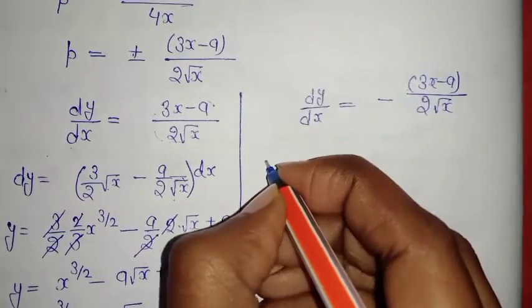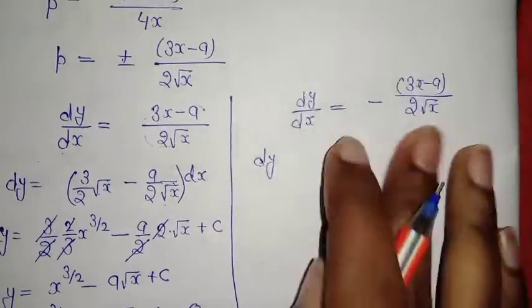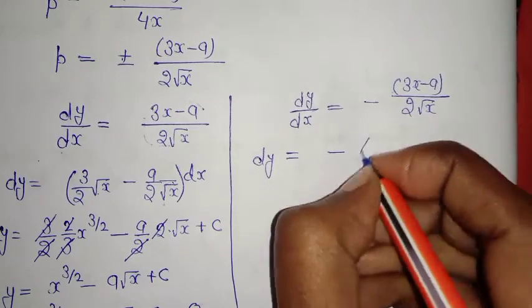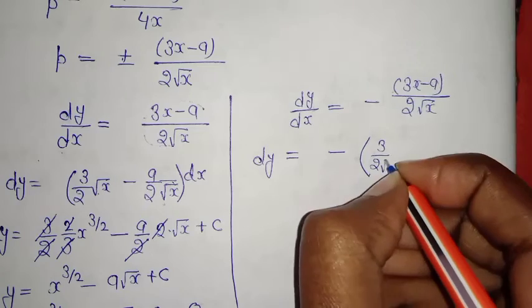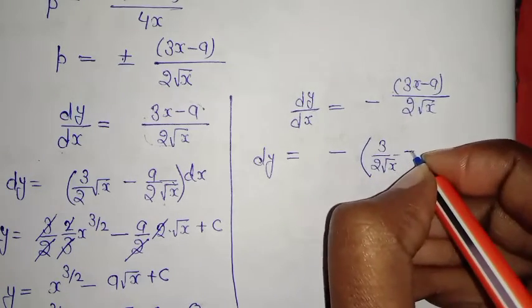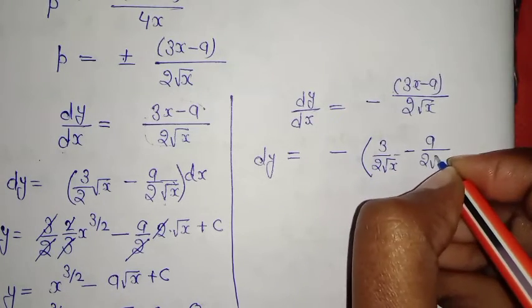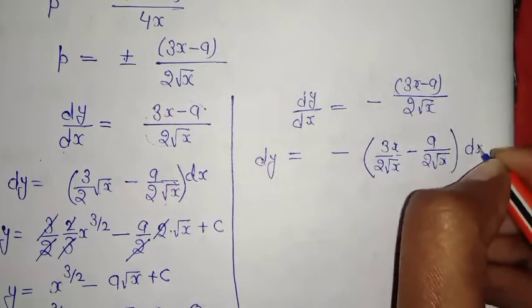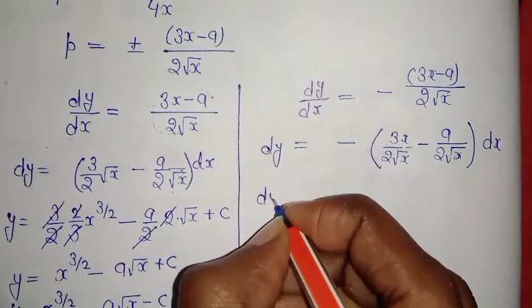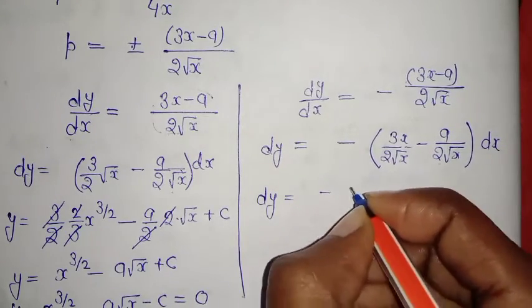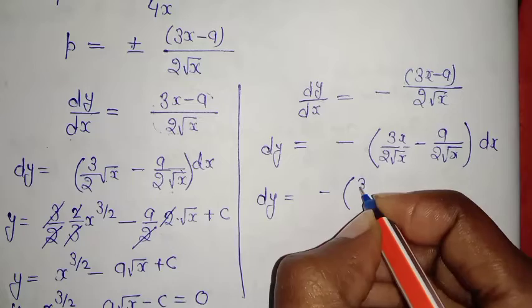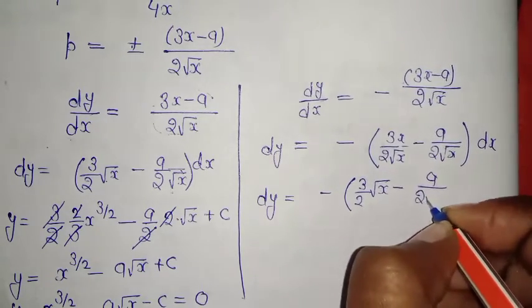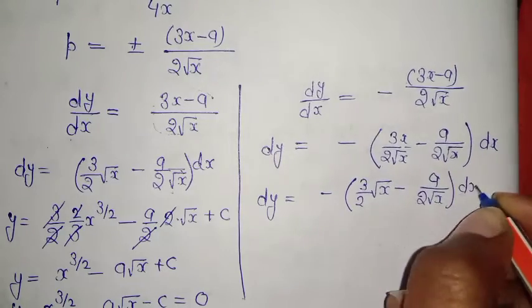So after integrating this term, we get dy is equal to negative, here we will take the negative sign, 3 by 2 root x minus a by 2 root x. Here x is also present. After solving, we will get the same term 3 by 2 root x minus a by 2 root x applied over dx.